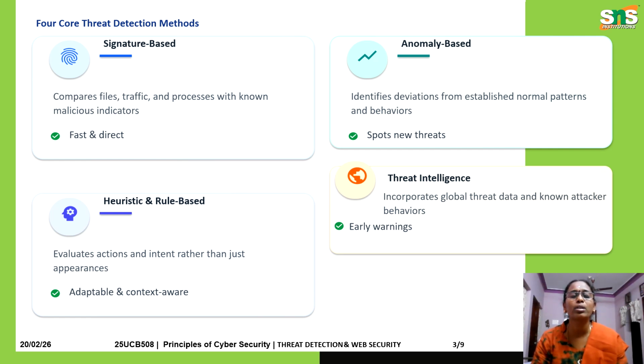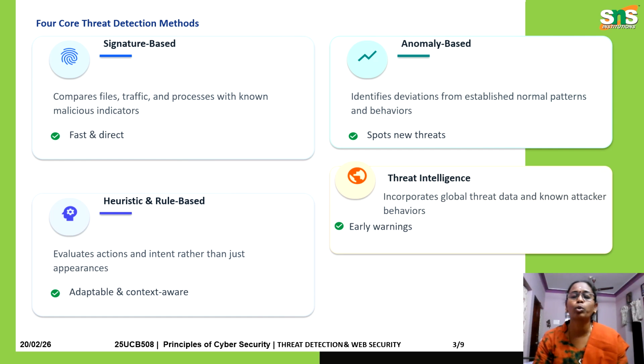The signature based method is an effective implementation of threat detection. It compares files, traffic and processes with known malicious indicators. Whenever a threat is detected, the detection can be done with these four methods: signature based, anomaly based, heuristic and rule based, or threat intelligence.